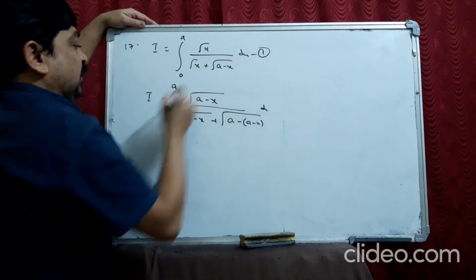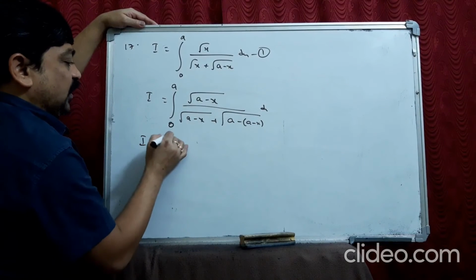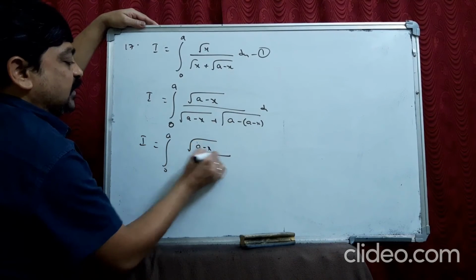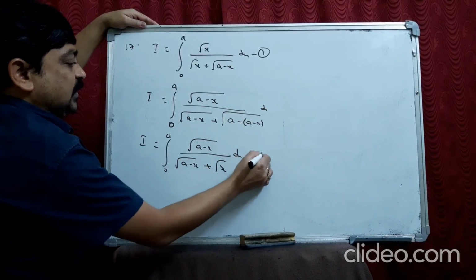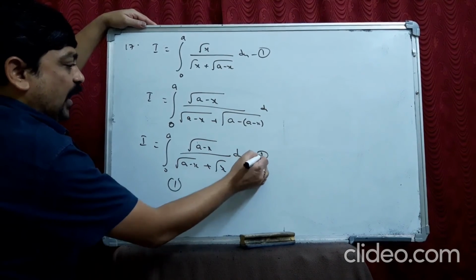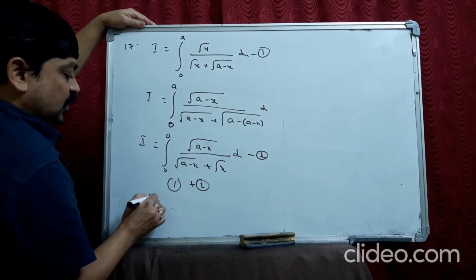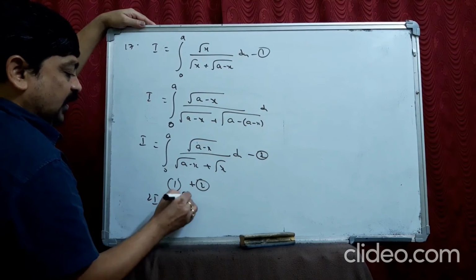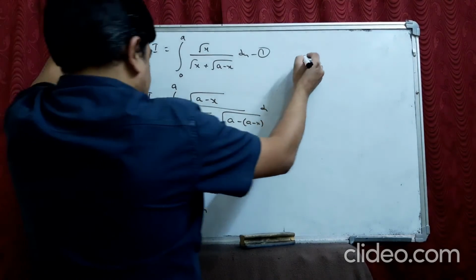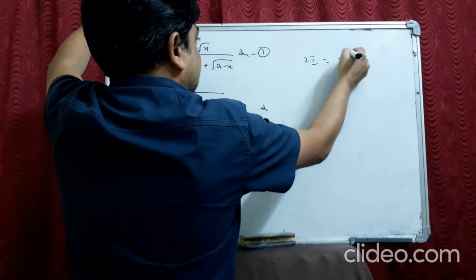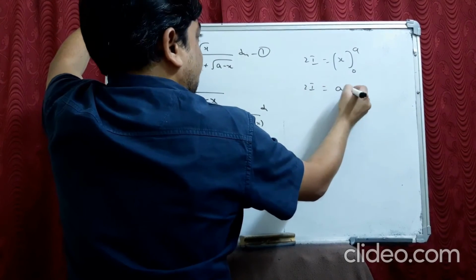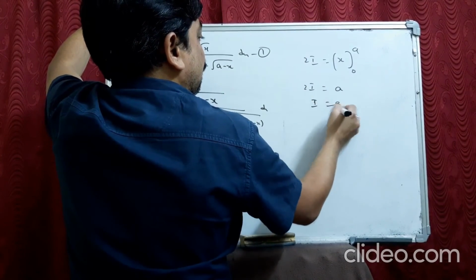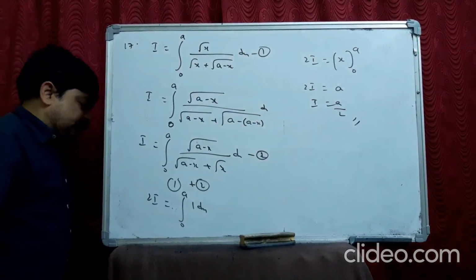This is 1 we take. So 0 to a root a minus x by root a minus x plus root x dx. This is 2. When you add 1 and 2, 2I is equal to 0 to a 1 dx. So 2I is equal to x from 0 to a, which is a. So I is equal to a by 2.